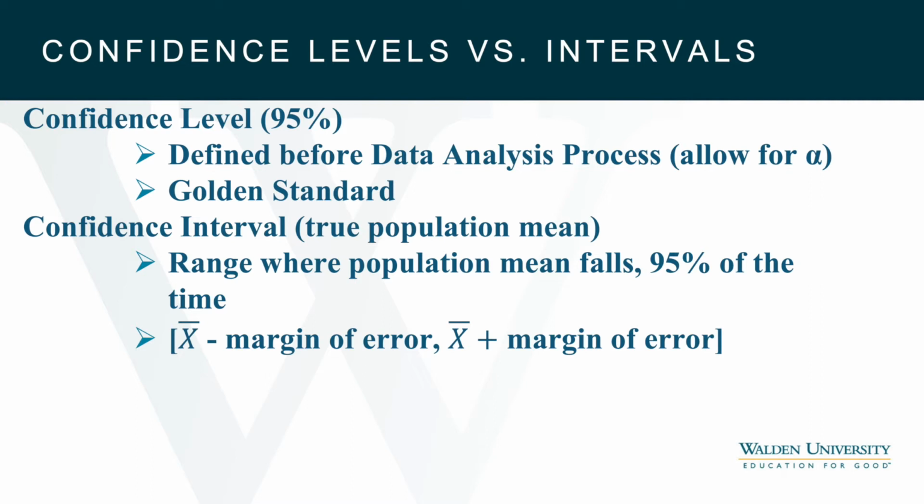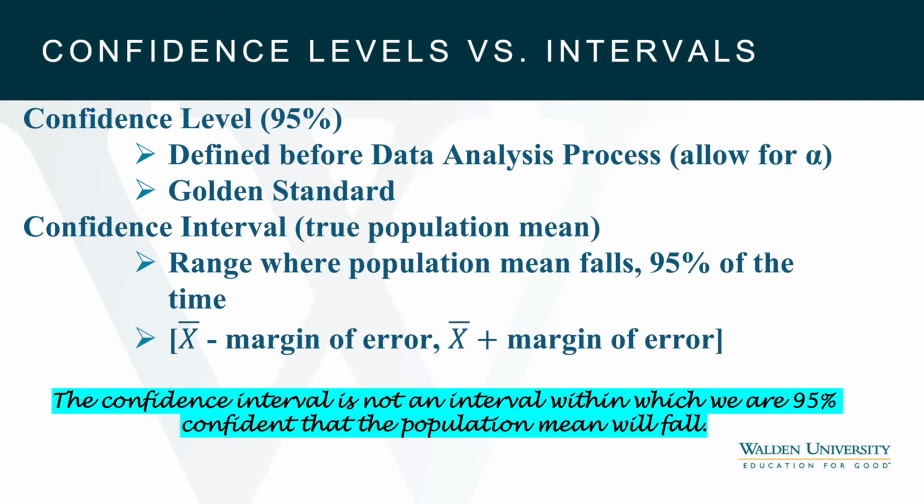Now, I was taught that the confidence interval is not an interval within which we are 95% confident that the population mean will fall. It is merely an interval where the population mean falls. If I sample 100 times, it will fall there 95% of the time.